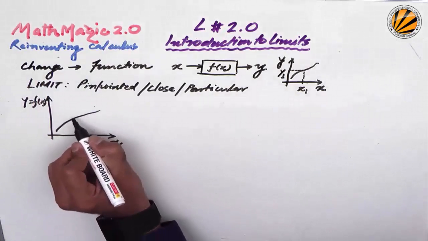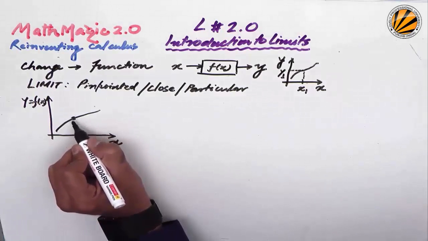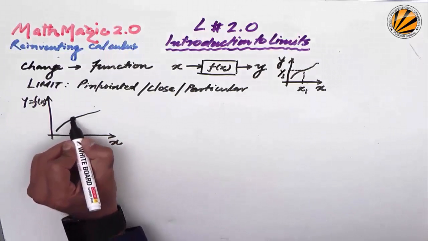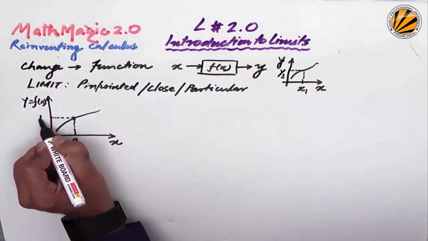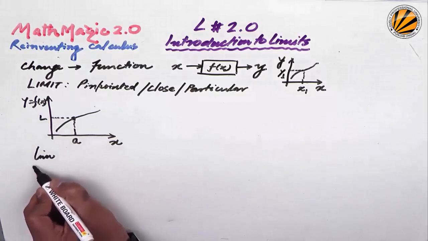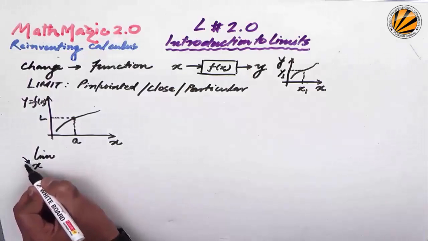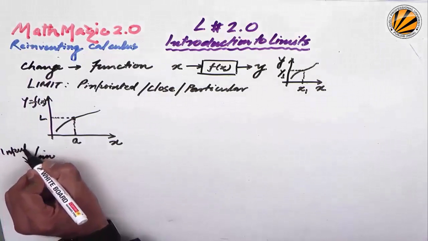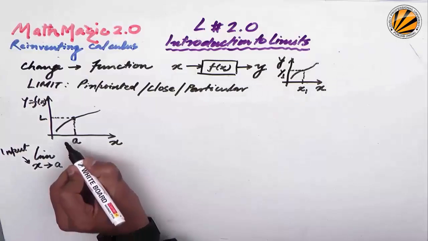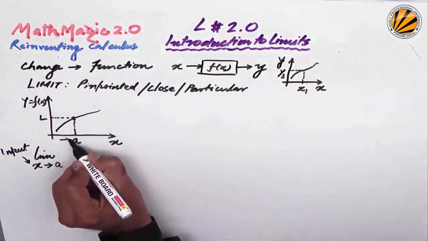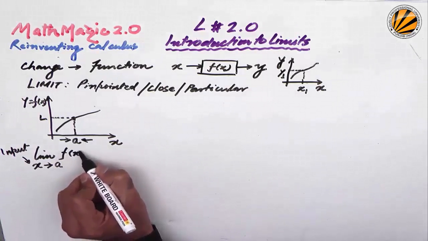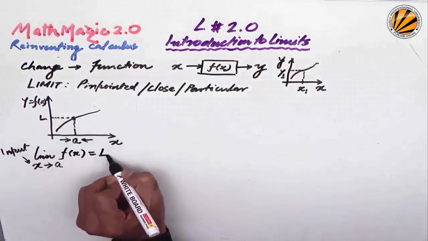If there is a change, now I intend, or rather we are going to focus on a particular point where the input is going to be a and the associated output is going to be L. Say for example, the limit is always mentioned as limit when this x, this is the input, is approaching a, means the approach is towards a, maybe from this side or from this side, then how is this function going to give the output in terms of L.